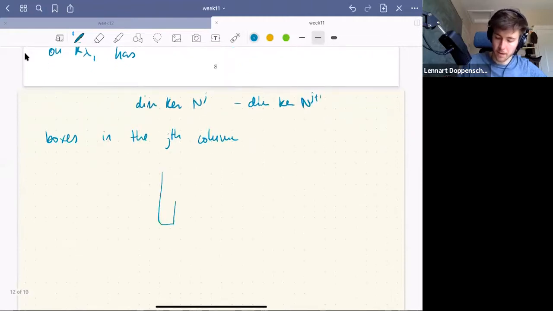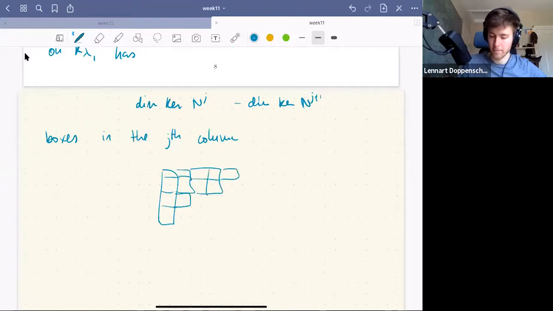So there's going to be something that looks like this. This is the first column. This is the second column, and so on.